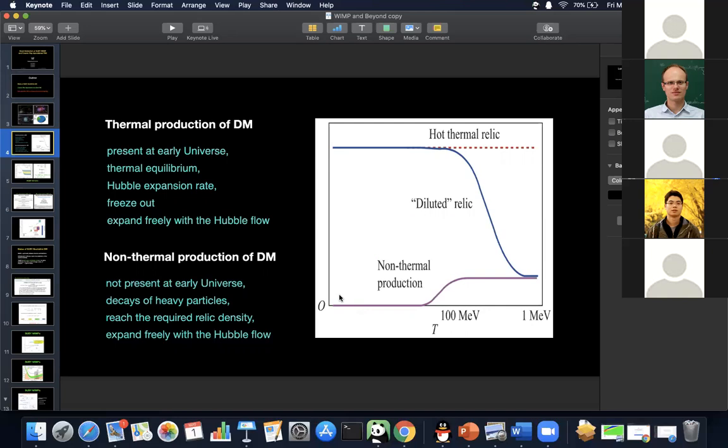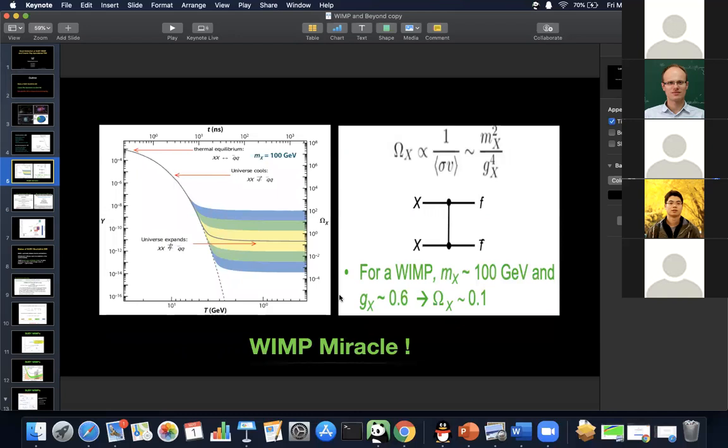And as we know, the WIMP is a very beautiful candidate to explain the dark matter evidence, and it's based on the thermal production picture. It freezes out when the universe expands, and then gives the correct relic density with a mass around 100 GeV and weak couplings.